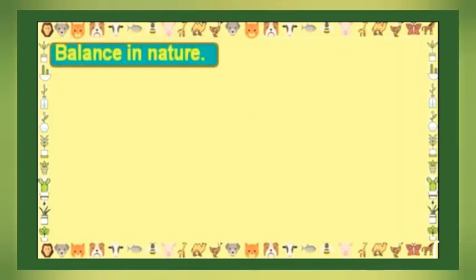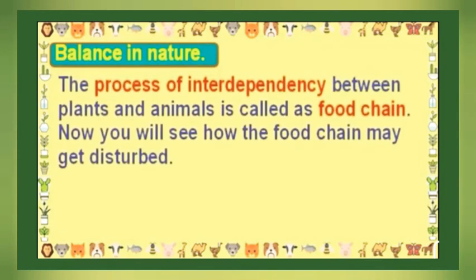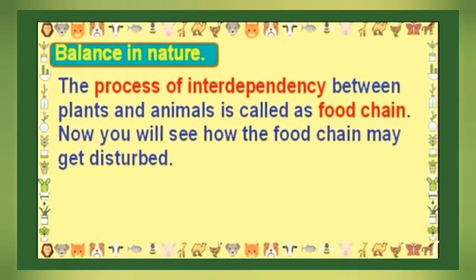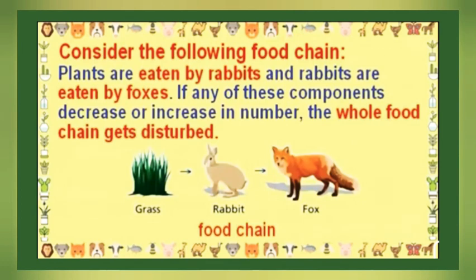Balance in nature. The process of interdependency between plants and animals is called the food chain. Now, you will see how the food chain may get disturbed. Consider the following food chain. Plants are eaten by rabbits, and rabbits are eaten by foxes.